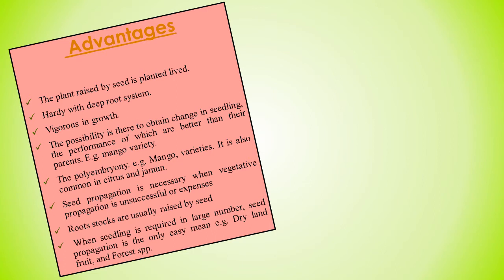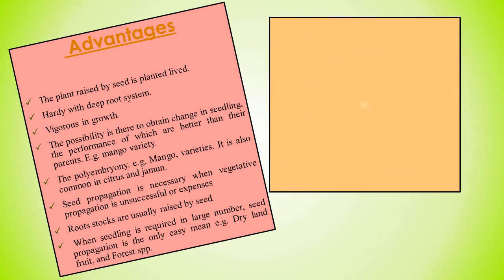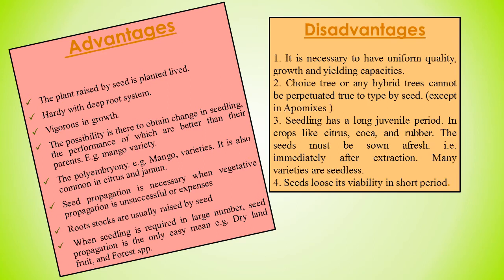Now let's discuss some disadvantages of this method. When progenies are not true to type, they become inferior, because in a commercial orchard it is necessary to have uniform quality, growth and yielding capacity. A choice tree or any hybrid tree cannot be perpetuated true to type by seeds except in apomixis.